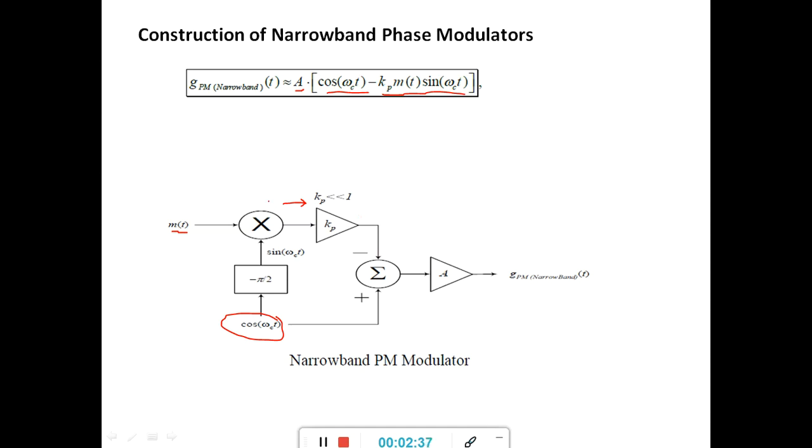The multiplication of these three is given to the adder. Here we add the carrier signal, and the total is multiplied with the amplitude, and we receive the narrowband PM signal.